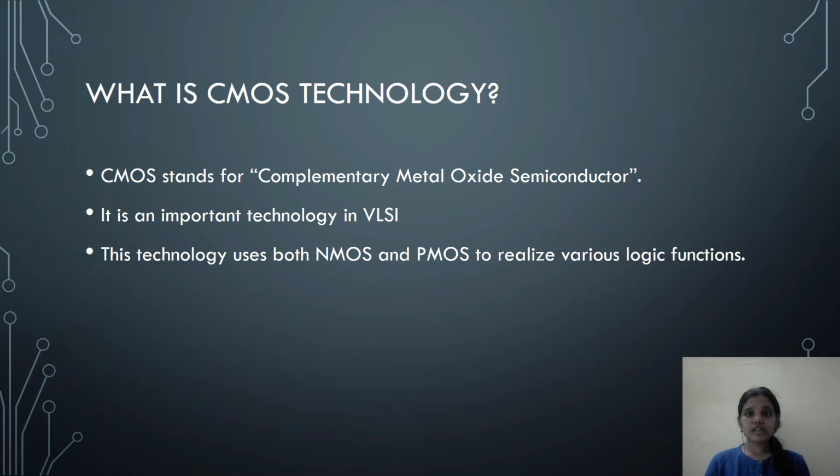This technology we can call P-well technology. And the second type, if we start out with a P-type substrate, it is compatible with the NMOS fabrication process. This technology is called N-well technology.